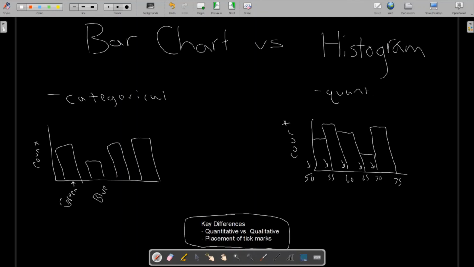And that's because we want to display the fact that the bar represents numbers that are bigger than 50, but less than 55, and bigger than 55, but less than 60, and so on and so forth. And later, you'll see many more examples of histograms, but that's a basic summary of the differences between them for now.